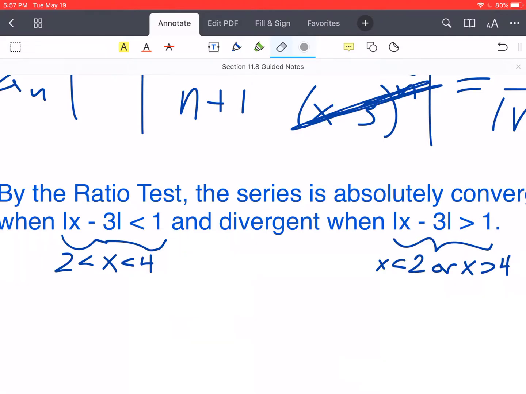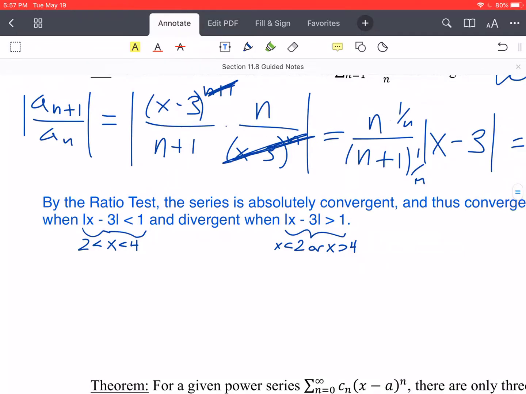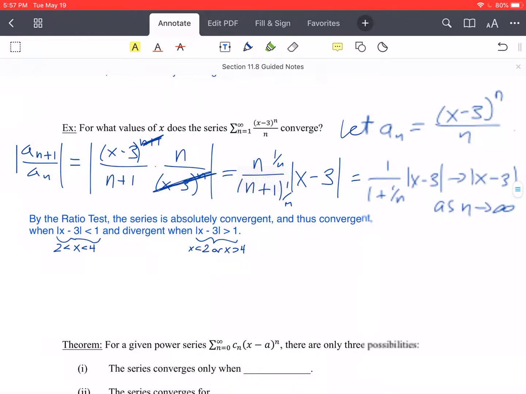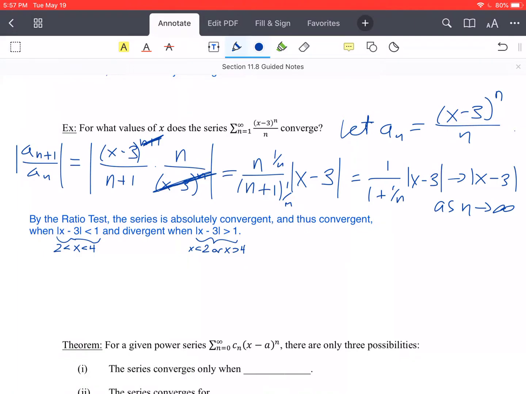All right. So now this gives us what happens when absolute value of x minus 3 is less than 1, when it's greater than 1, but this doesn't tell us anything about what happens when the absolute value is equal to 1. Okay, so what about absolute value of x minus 3 equals 1?